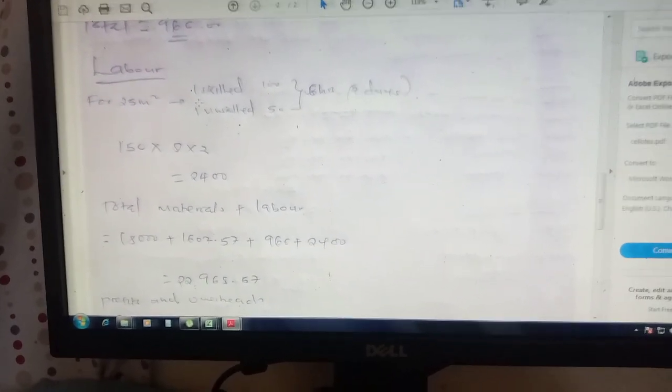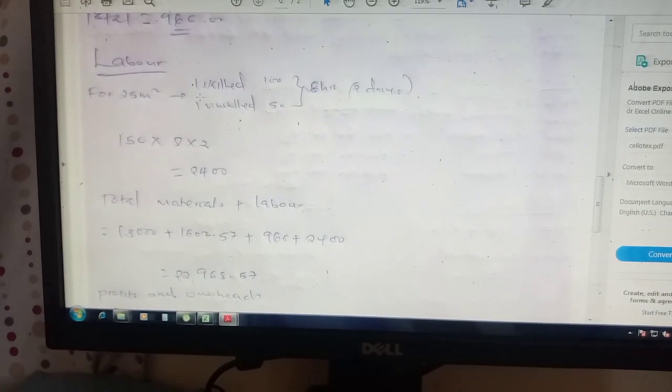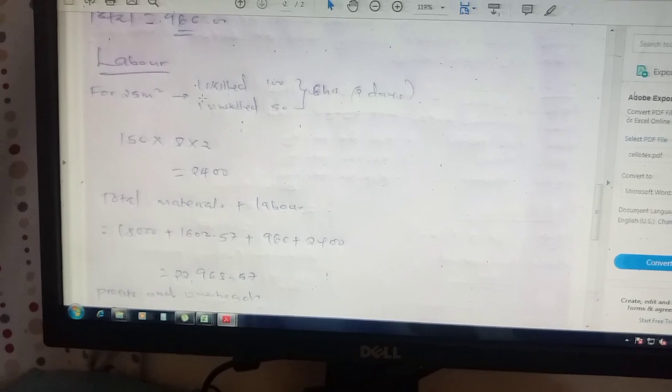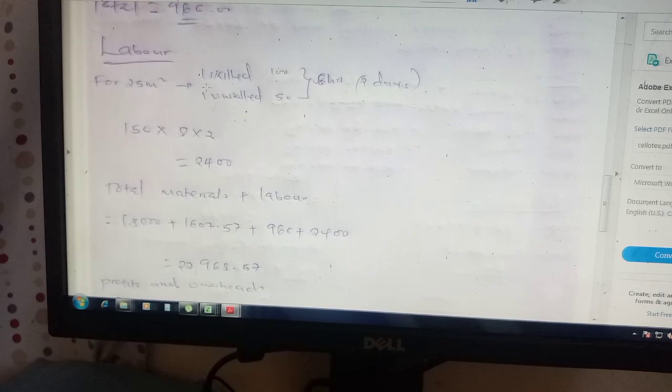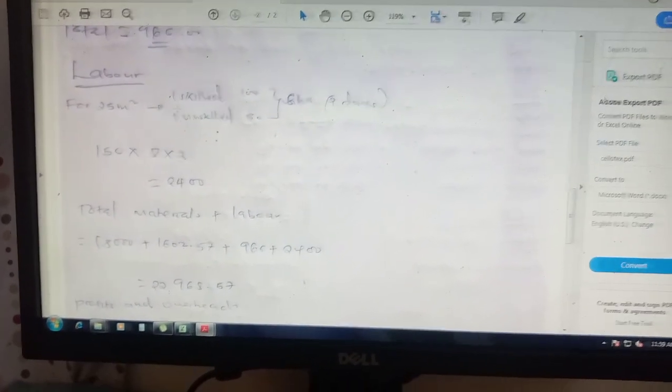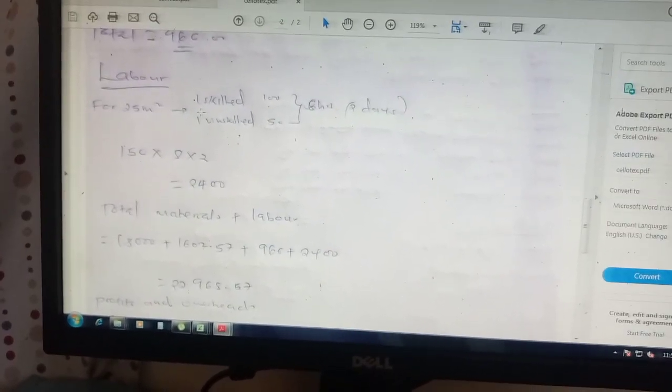When you want to cost for labor, you take that 150, which is the cost of skilled plus unskilled per hour, multiply by 8 hours, then multiply by 2.